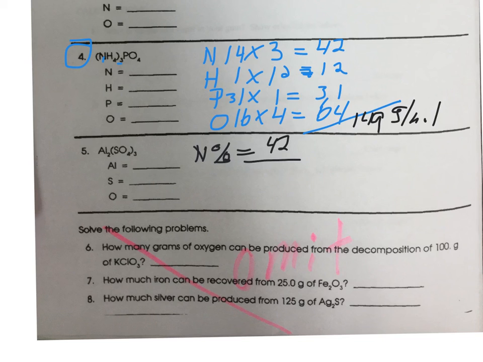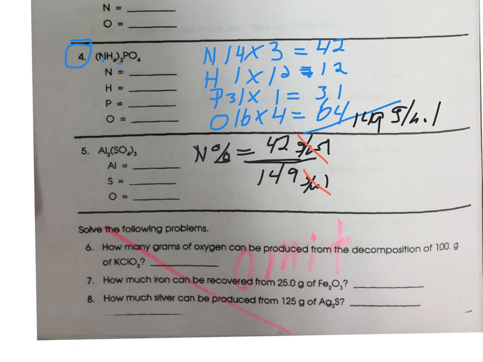Okay, so the total weight for nitrogen is 42. What's my total weight for the whole compound? 149. This is on number 4. 149 is your molar mass, okay? These are both grams per mole, and that's why these units cancel. What is my next step?